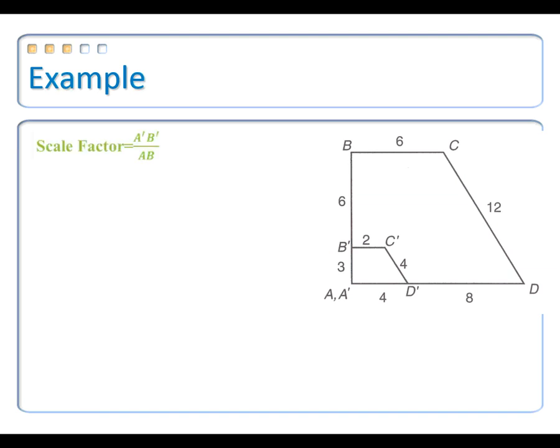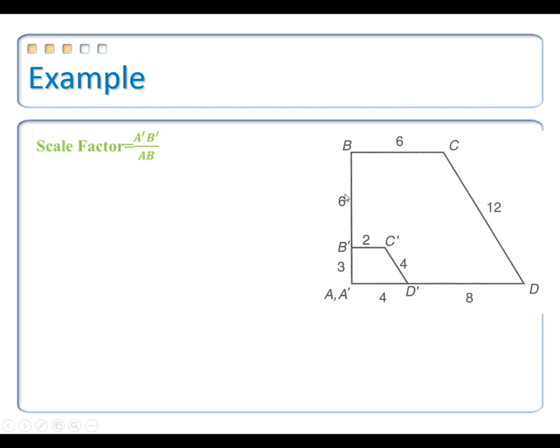So, looking here, we want to find the scale factor, which you can do by taking any of the sides and dividing the image over the pre-image. I'm going to go through all of them with you, but you don't have to do all of them. So, I'm going to start with A prime B prime over AB. A prime B prime is this little guy, which is a 3. It'll be over the length of AB. So, be careful.